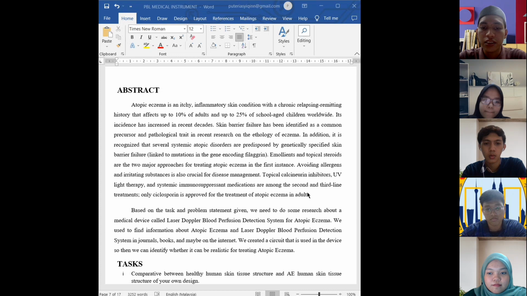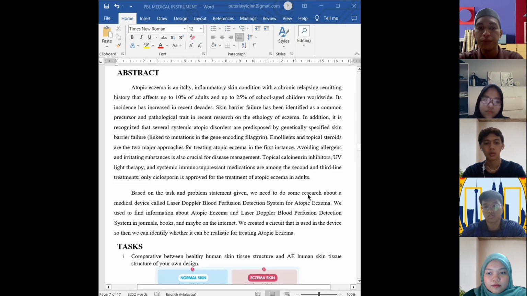We create a circuit that is used in the device, so then we can identify whether it can be realistic for treating atopic eczema. So next, about the tasks for the problem statement I've been given, I will pass to Muhammad Azim.